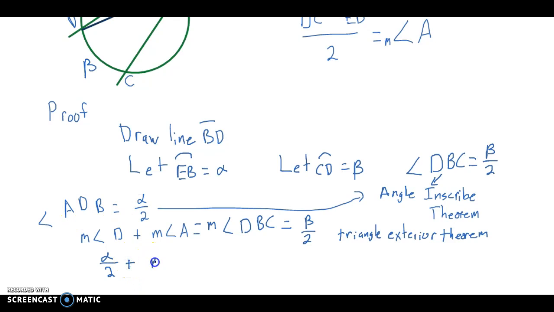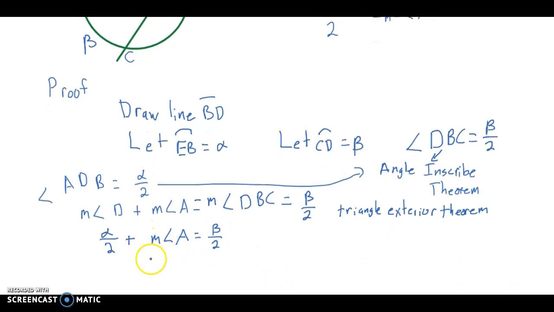And then we have the measurement of angle A is equal to beta over 2. Or by simple algebraic rewriting, the measurement of angle A is equal to beta over 2 minus alpha over 2.